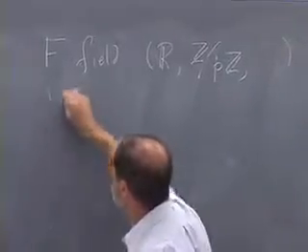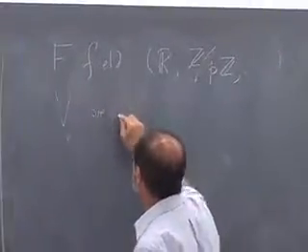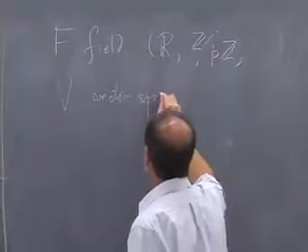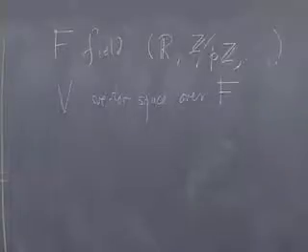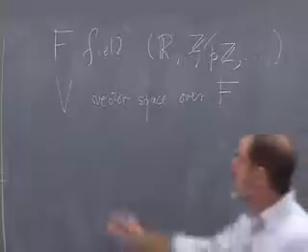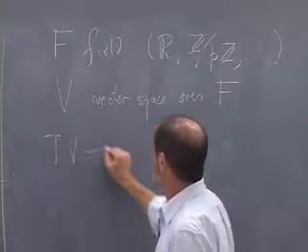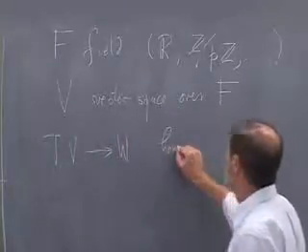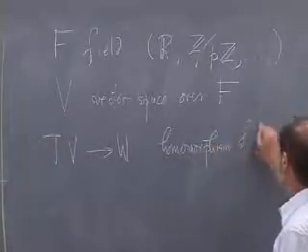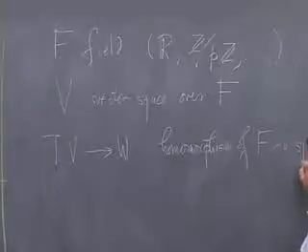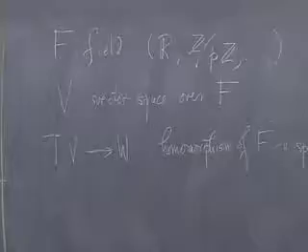And then we had the notion of V, a vector space over F, which was an abelian group together with a scalar multiplication law from F. And we defined the notion of a linear map, homomorphism of F vector spaces. So today we're going to investigate vector spaces in more detail and do the notion of span and basis.